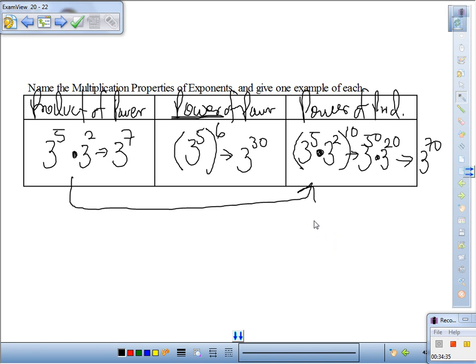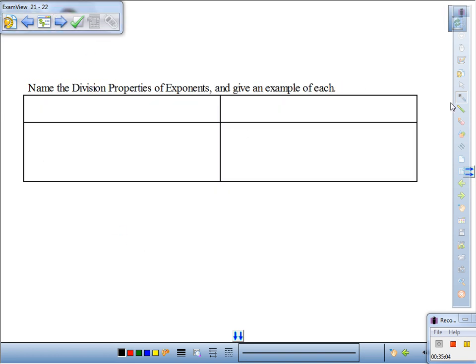Okay, let's go to number 21. 21, there's two properties. Since it's division, we always started with what? Quotient of powers. And this one is backwards. It's power of quotients.